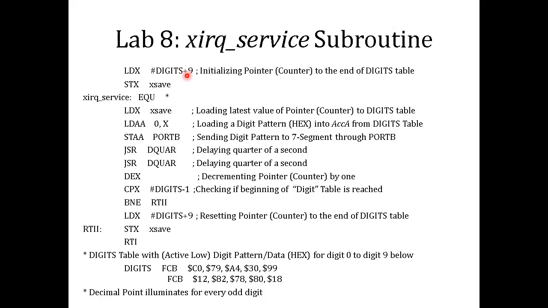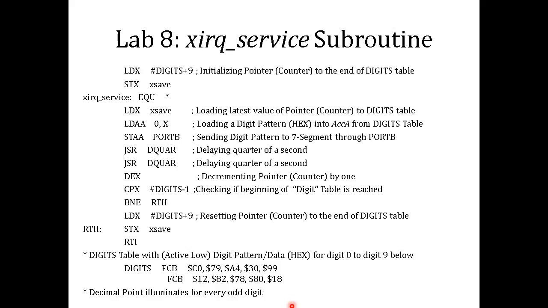Now what is the last address? See, the digit table is actually here, right? This is your digit table. The last address is actually the address of 18. Now we are not loading 18. We are actually loading the address of 18. Be careful, okay? How is it an address of 18?